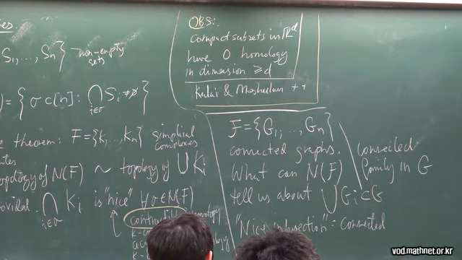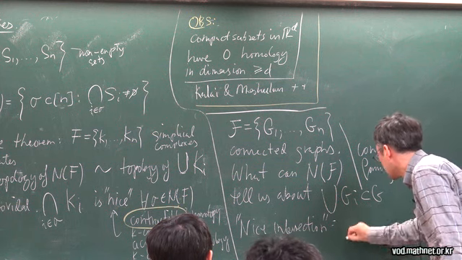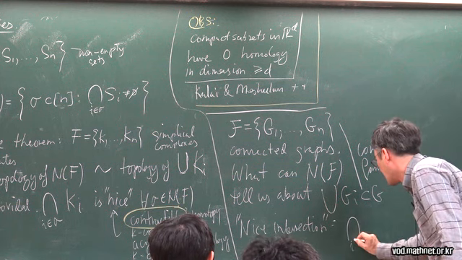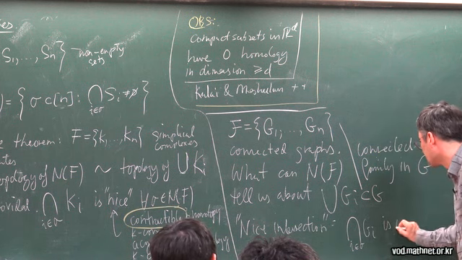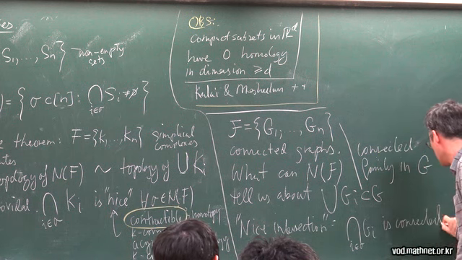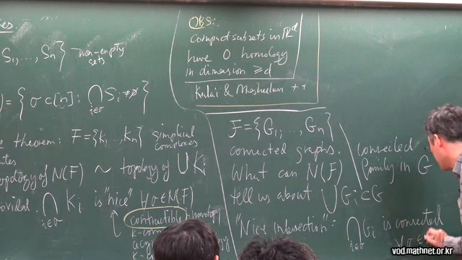This will be a connected family in the graph. Let me write here specifically that the intersection over i in sigma of G_i is connected for every sigma in the nerve.